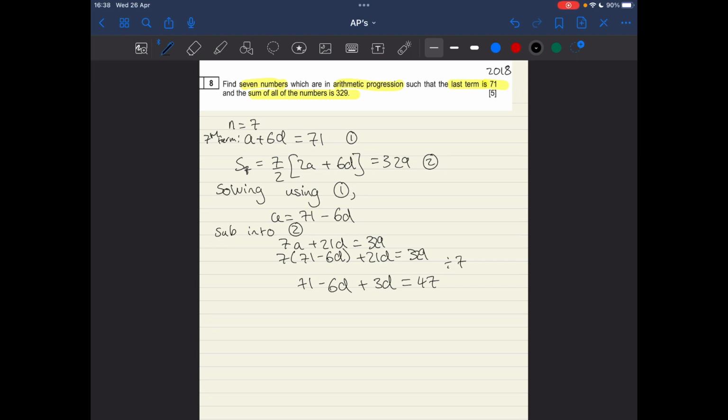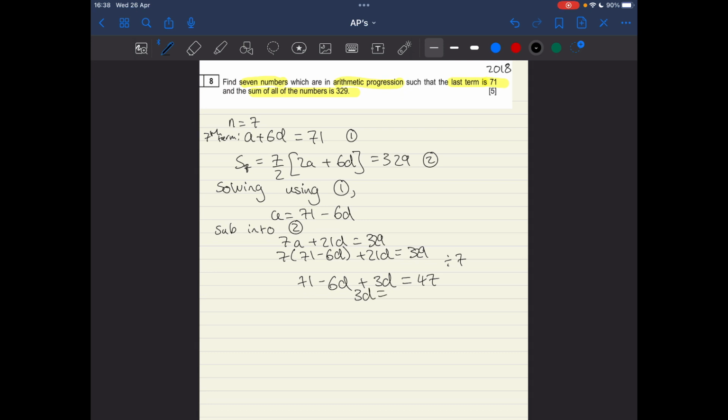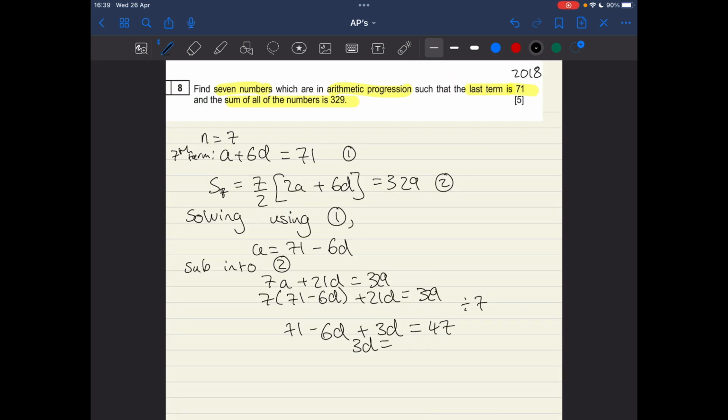And then we got to group the D's and take it over the other side, or bring it over here. So we got 3D is equal to, we got 71 minus 47, which would be 24. And D is equal to 24 divided by 3, which is 8.